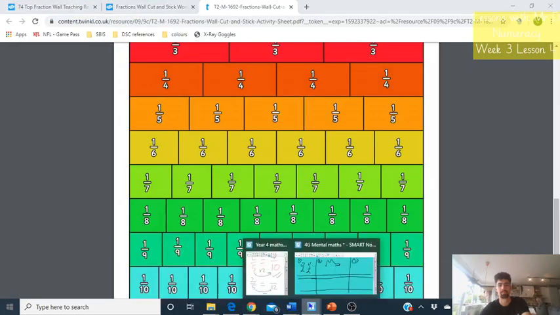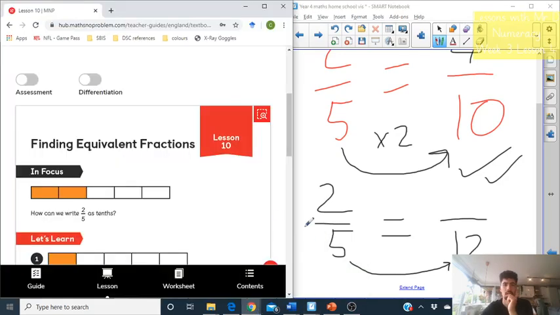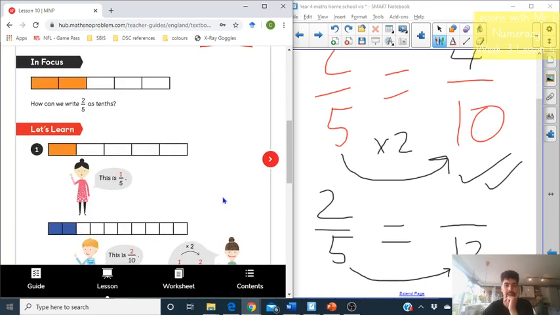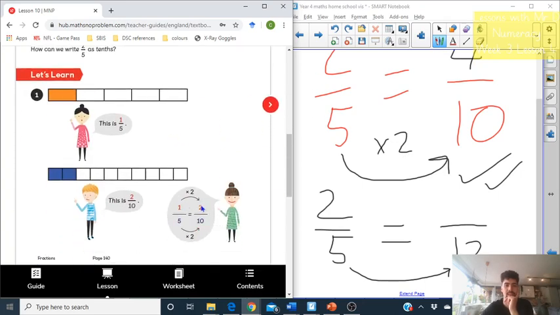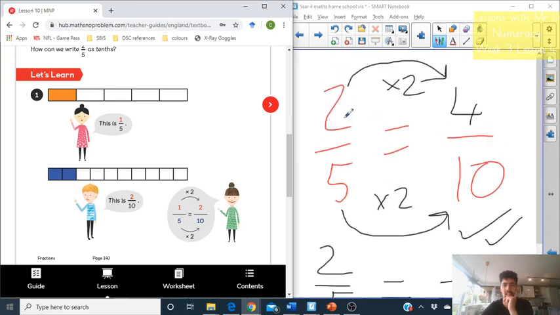However, we could get 2/5 as tenths because we now know that I can times 5 by 2 to get 10, and then whatever I do to the bottom I do to the top, and that's an easy way of just finding out what's the equivalent.